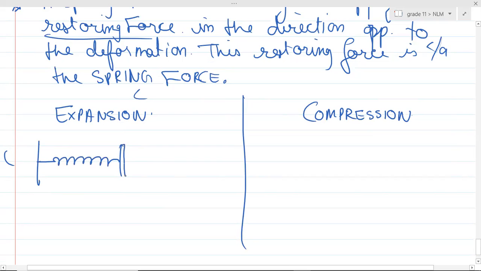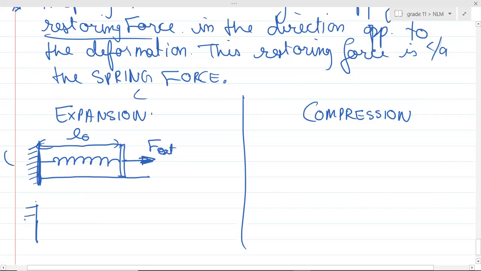Restoring forces which put it back to the same shape, which try to put the same spring again back to its original length. That's why it was restoring in nature. So when you started applying the force, and due to this force, let's say the spring did some expansion in this case. So will it look like this?